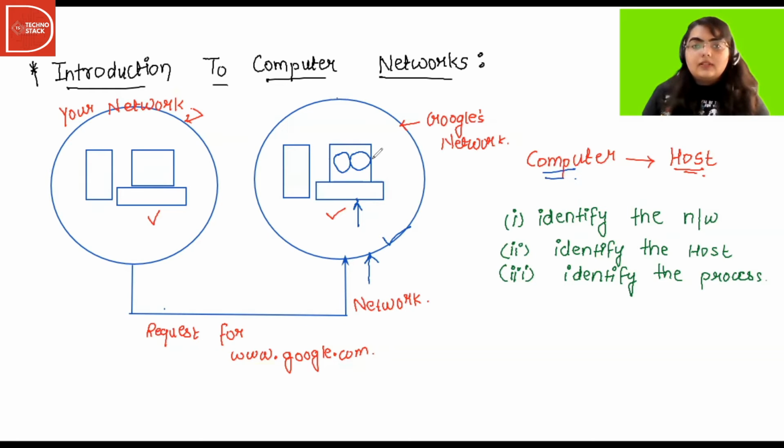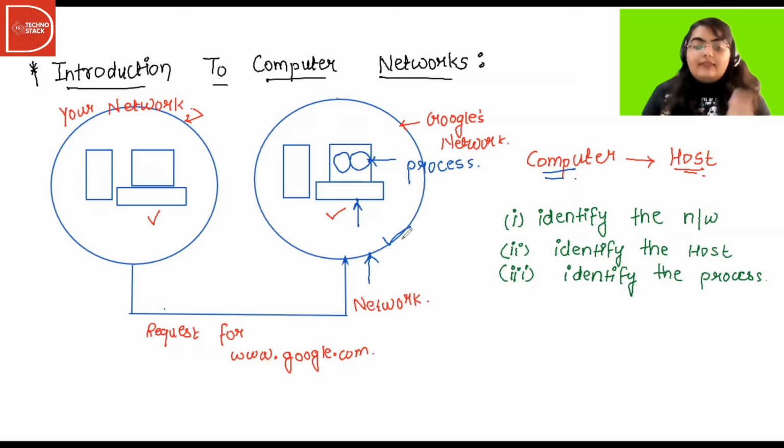This is the host and this is the process. There are many processes in a host, that is a computer, and there are many computers or hosts in a network. So network is basically a superset.